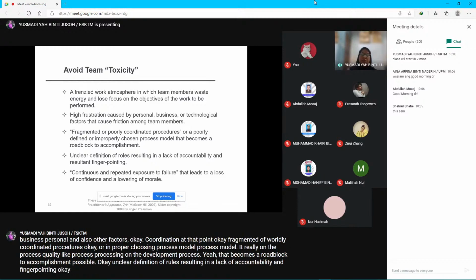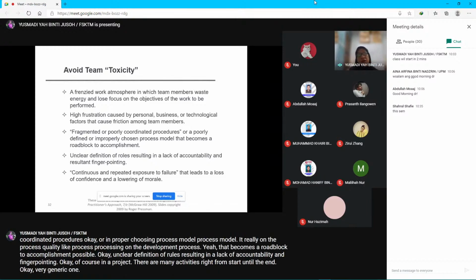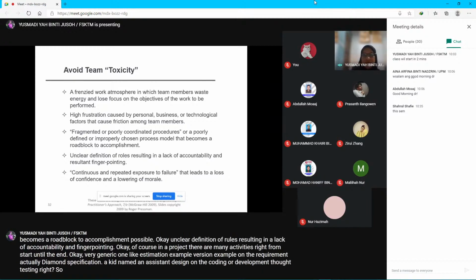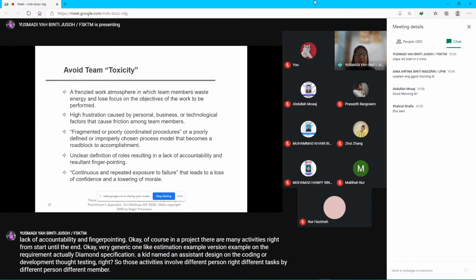Of course, in a project there are many activities, from start until the end. Very generic examples: requirement capturing and specification, then analysis and design, coding or development, and testing, right? Those activities involve different persons, different tasks by different members, task allocation, right?